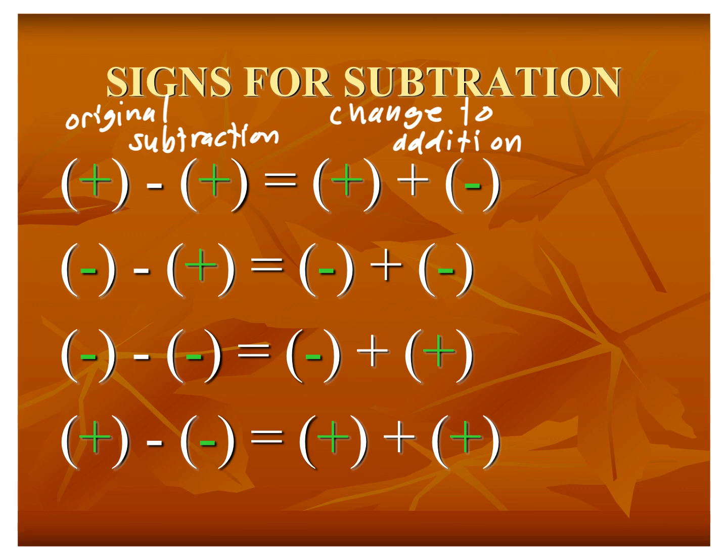So if I have a positive minus a positive, that's going to turn into a positive plus a negative. Follow the rules for addition. If we have a negative minus a positive, that's going to be a negative plus a negative. Again, follow the rules for addition. And then a negative minus a negative, we end up with a negative plus a positive.